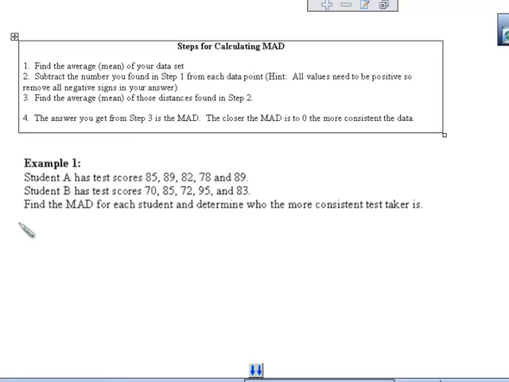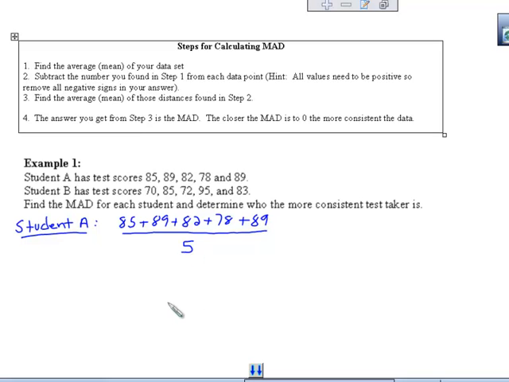So the first thing we need to do is find student A. What is their first step? First step, find the average or the mean of the data set. So what I want to do for the student A is add 85 plus 89 plus 82 plus 78 plus 89, and I'm going to divide that all by 1, 2, 3, 4, 5 data points.